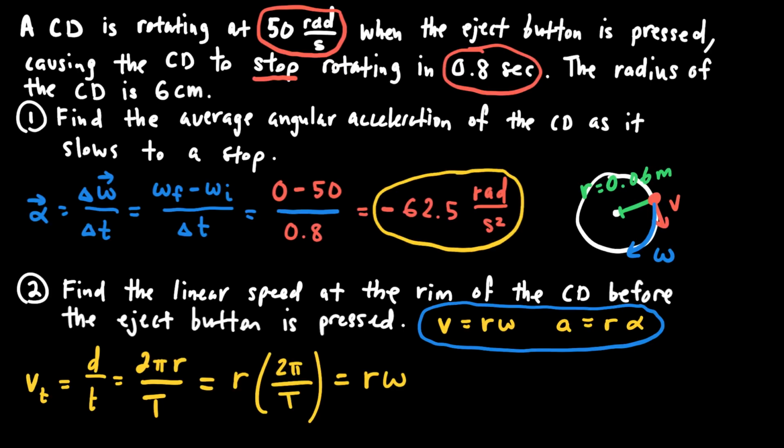And so if this question asks me to find the linear speed at the rim of the CD, then I just need to know the radius, which was 6 centimeters, or 0.06 meters, times the angular velocity before the eject button is pressed, which was 50 radians per second.